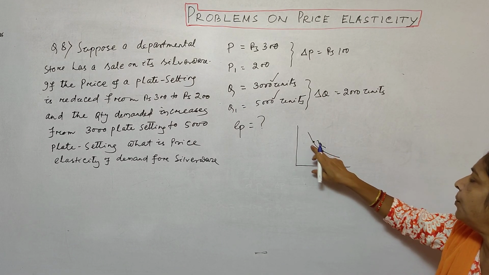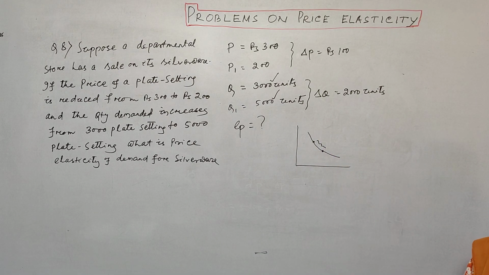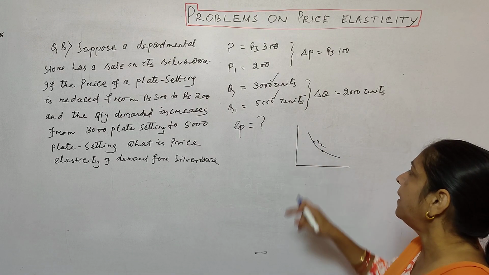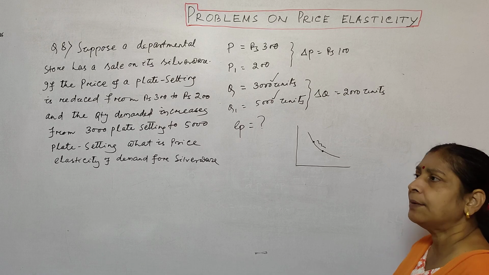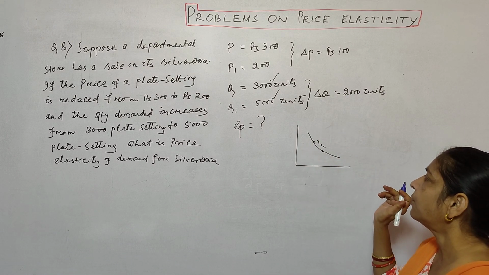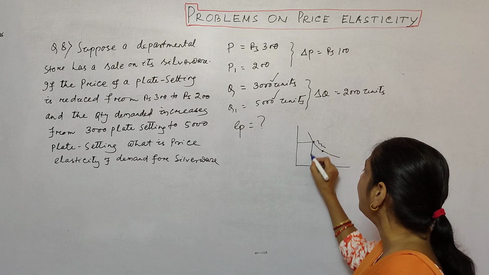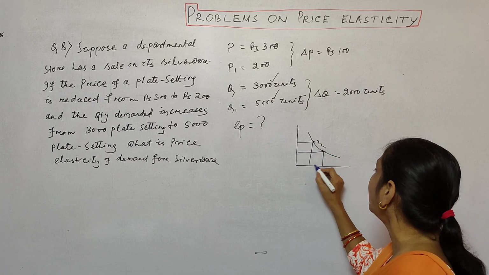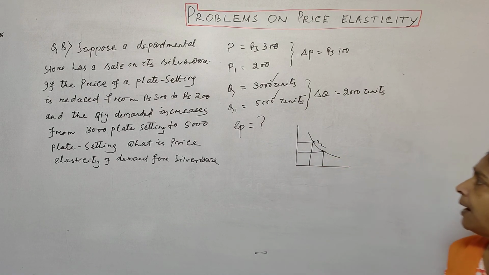In these 2 points we have to calculate elasticity. So obviously there will be a large change in price and quantity demanded within this range. So we have to follow the arc elasticity method to solve this problem.